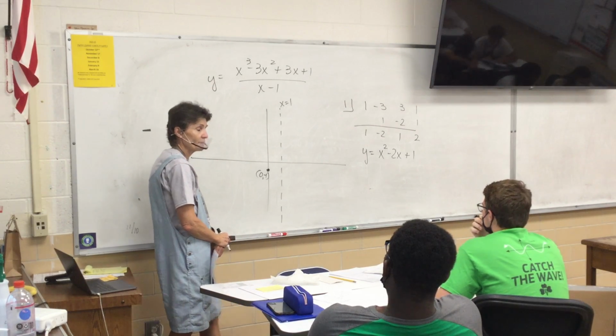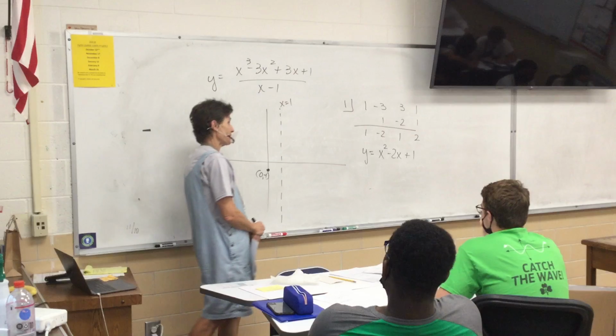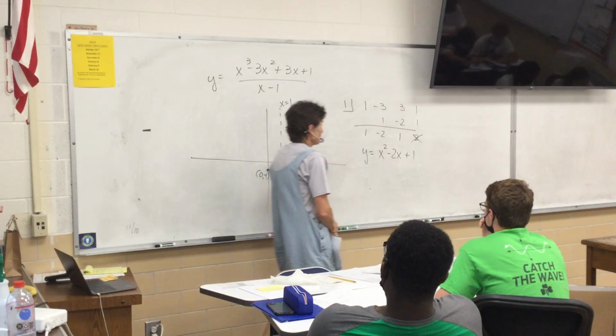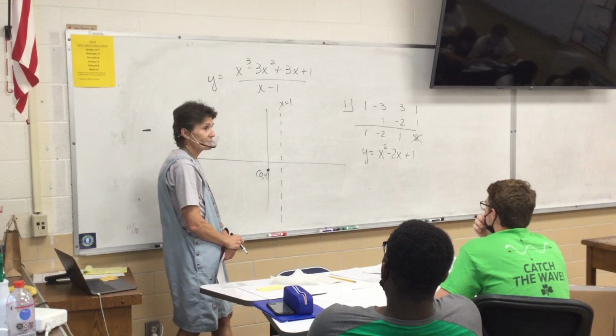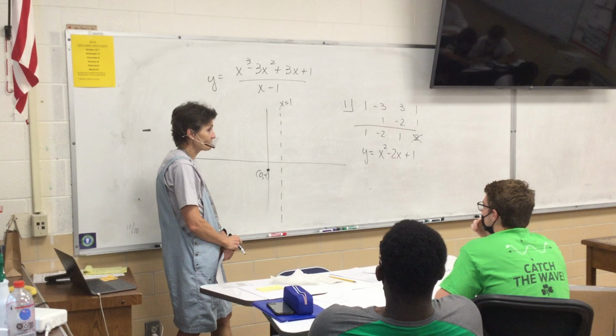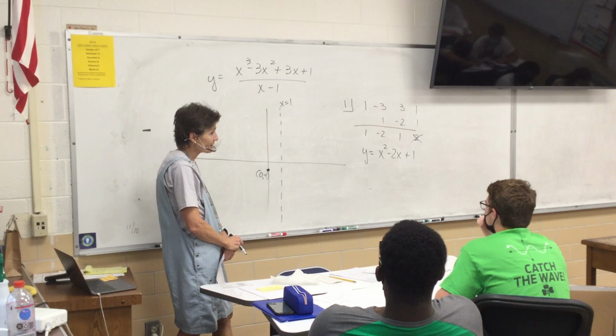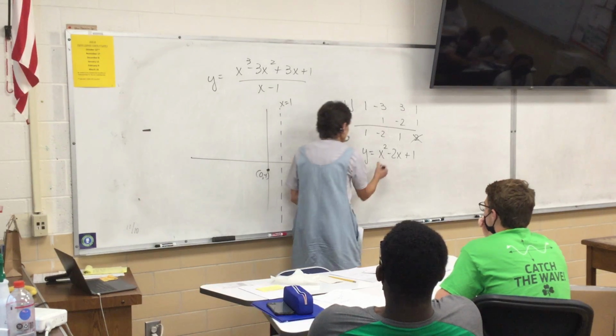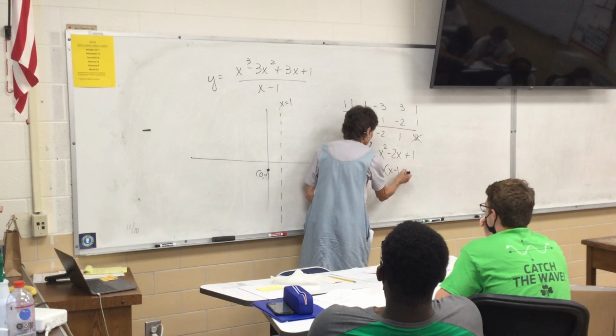Always disregard the remainder. When you're finding the end behavior asymptote, the remainder is irrelevant. But the end behavior asymptote does not have to be a line. The end behavior asymptote can be any kind of shape, and in this case, it's going to be a parabola. Now, isn't this x minus 1 squared?